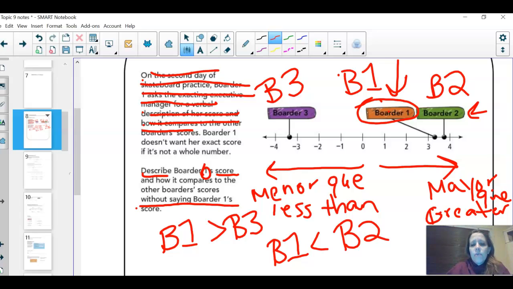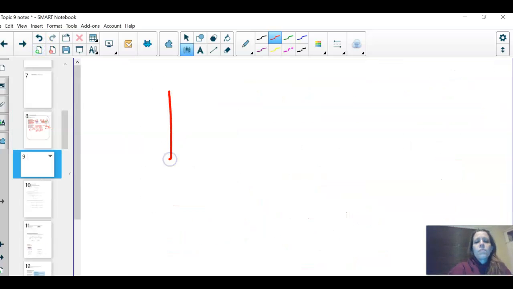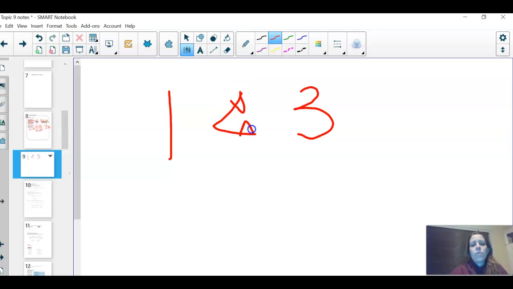So let's go ahead and continue. So right now, I want us to remember that B1 is less than B2 is a comparison. This is an inequality. Esta es una desigualdad. Okay? Remember that when I have numbers, if I have 1 and 3, I'm going to go, okay, well, 1 is less than 3. Uno es menor que tres.